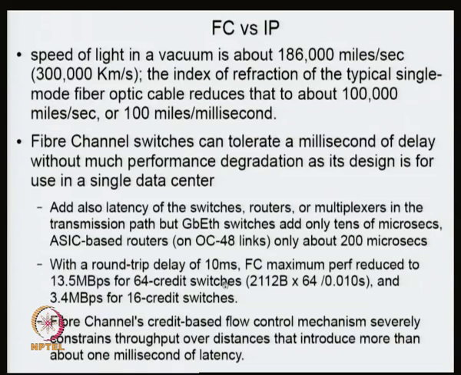Suppose you have 64 credit switches. You are able to send one packet at a time, but you have to get the ACK back. You can send about 2112 bytes, but because of additional delays, let us say it can be as much as 10 milliseconds, essentially you can send 2112 bytes times 64 per 10 milliseconds.